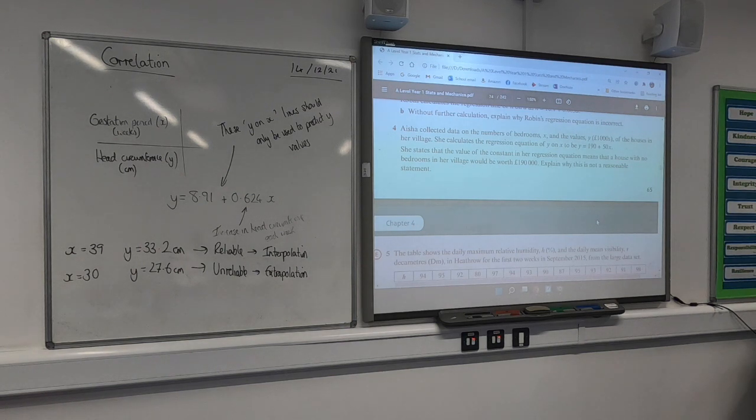So George, 190,000 would be the y-intercept, so that would be the value of a house with 0 bedrooms. So why might it not be a reasonable statement?